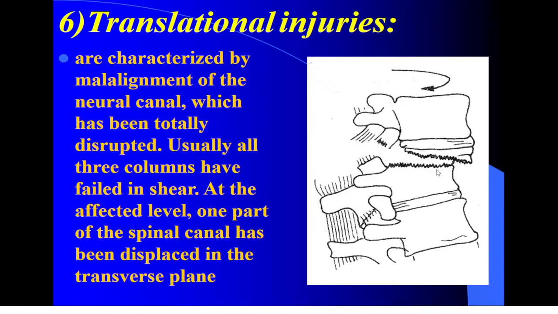The line of the fracture passes through the vertebral body, facet joint, ligaments, sometimes through the intervertebral disc. But the main difference compared to the Chance fracture is that the line of the fracture involves some other structures except the vertebra. In all other aspects, it will be quite similar to the Chance fracture injury.